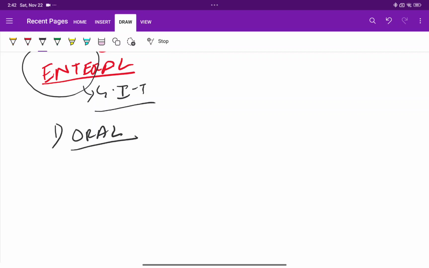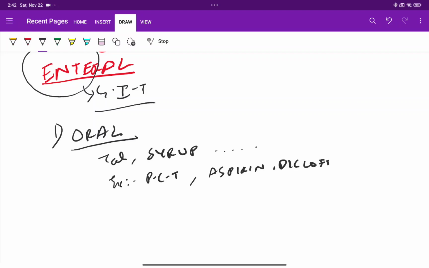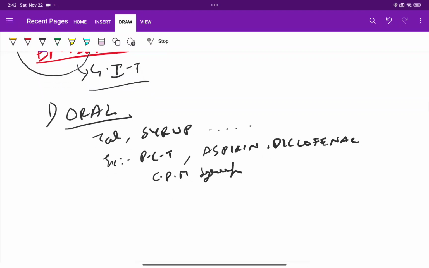Tablets, syrup, and so many other forms are there for the oral route. Examples: paracetamol tablet, aspirin, diclofenac, CPM chlorpheniramine syrup.